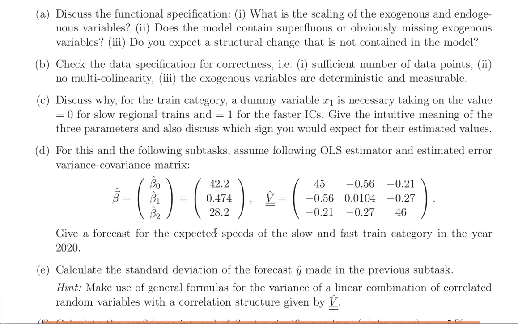So give a forecast for the expected speeds for the slow and fast train category in 2020. Obviously we need to insert for the variable x1, the year, the value 120, because 2020 minus 1900 is 120. So x1 equals 120, and for x2 we either insert 0 or 1.